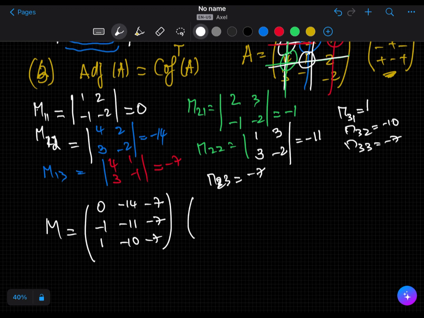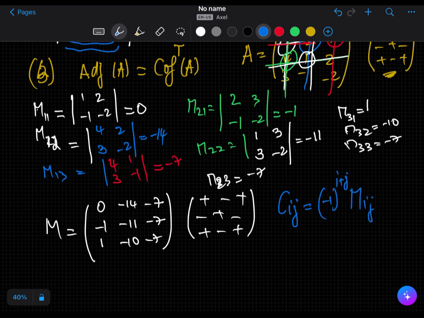And then let me just also give you a reminder of the place sign matrix here, right? And we know that the definition of a cofactor is given as such, right?